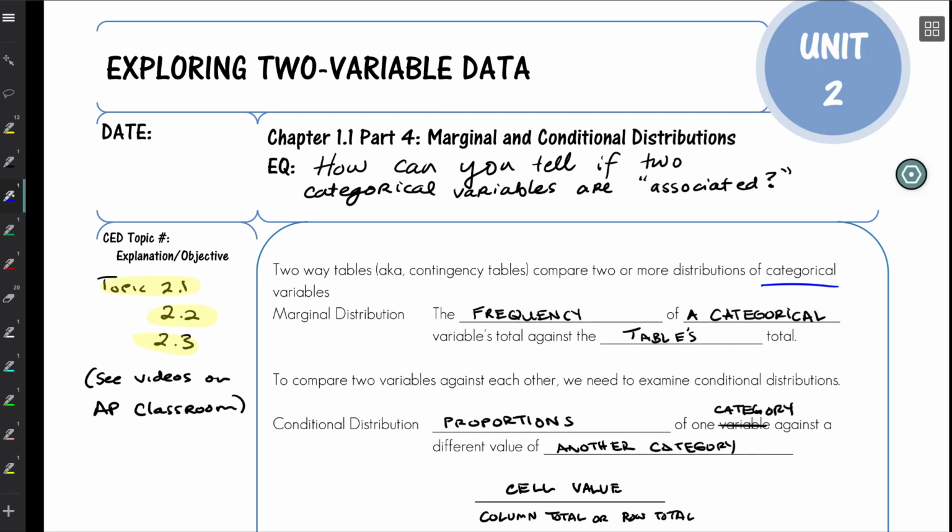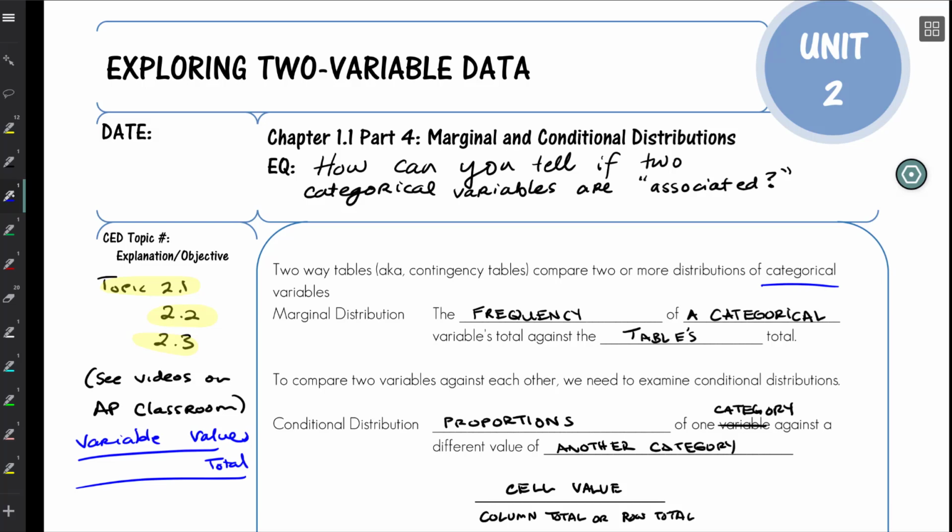What you guys are used to looking at when we're talking about categorical variables is some kind of table over here where you have your total and then a variable's values all listed out in several different columns or entries.